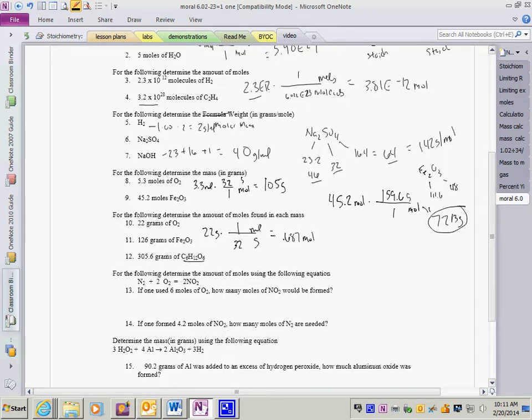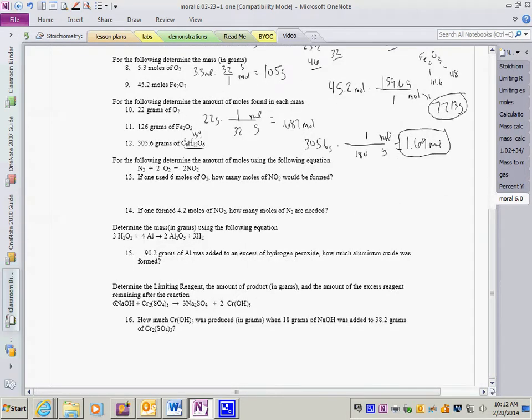This one has a molar mass of 180, so again, I added everything up for 180, so then we got 305.6 grams. Get rid of grams and go to moles. 1 mole is 180 grams. 305 divided by 180 equals 1.69 moles.